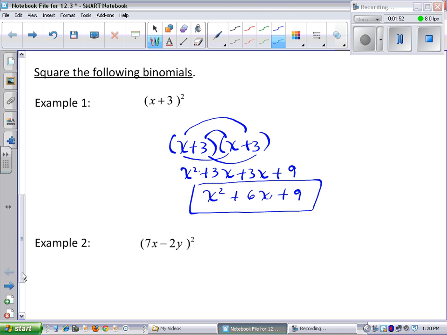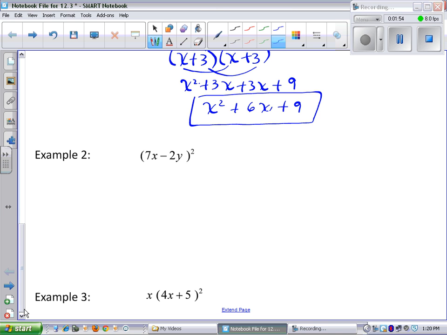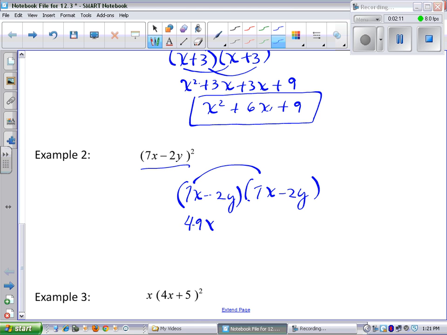Example 2, 7x minus 2y squared. What does it mean to square something? It means to multiply it times itself. So let's write it down twice, 7x minus 2y, and then we'll FOIL it out. 7x times 7x is 49x squared.